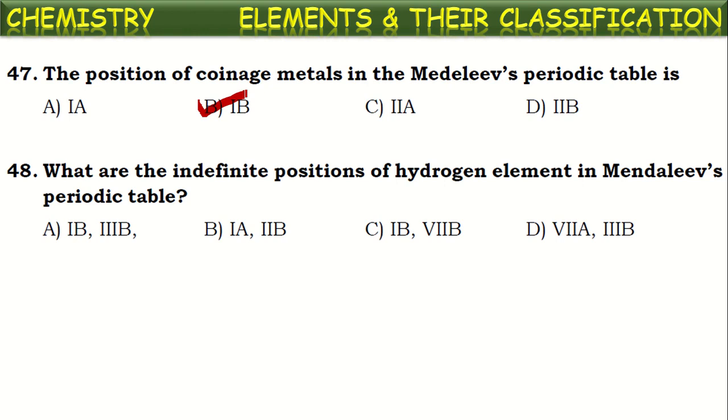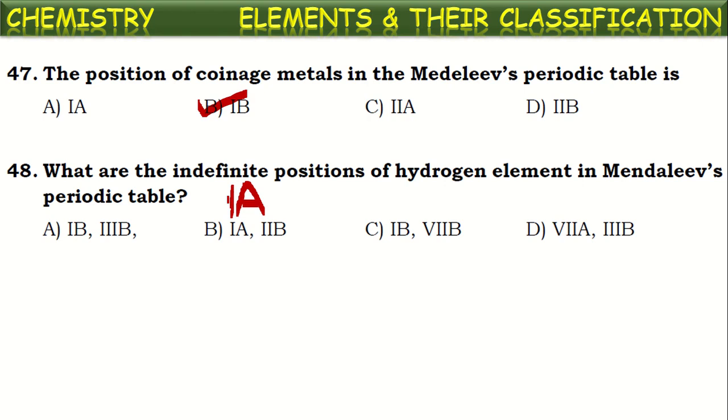So because of its properties, which are coinciding with the alkali metals as well as halogens, hydrogen is positioned in 2 places in the Mendeleev's periodic table. What are those 2 places? One it is 1A along with the alkali metals. Those are lithium, sodium, potassium, rubidium, cesium and francium. Along with those, the top position is given for hydrogen because it is exhibiting certain properties similar to these elements.